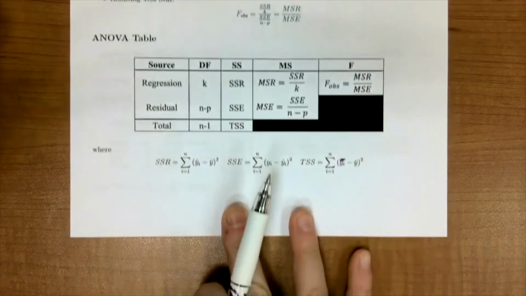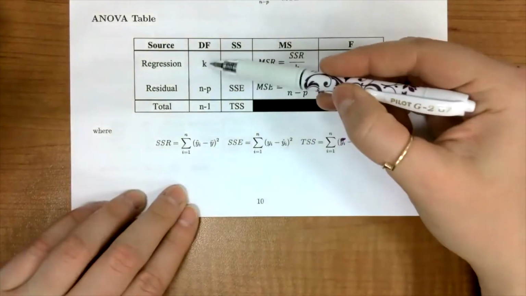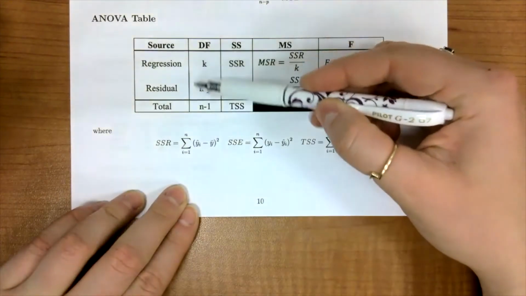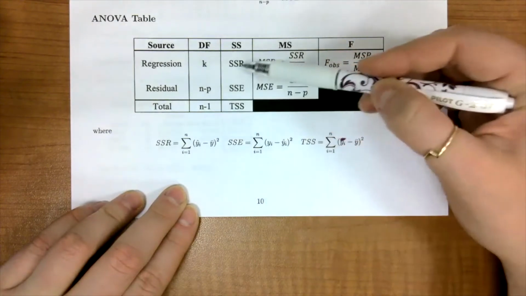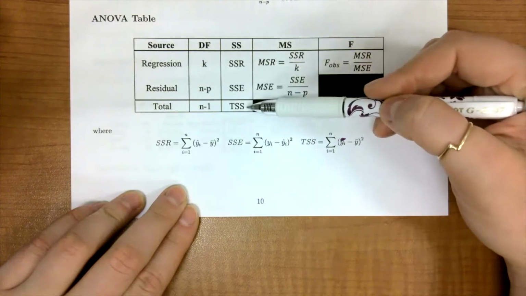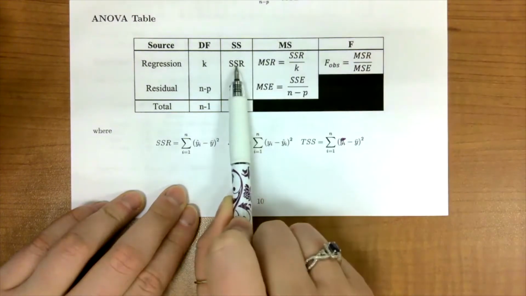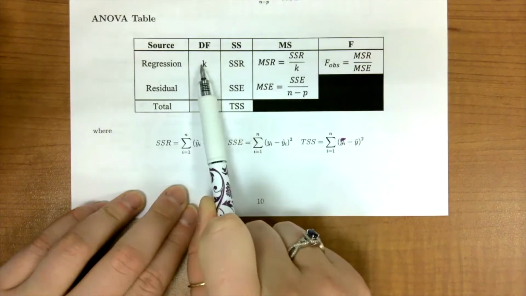What that looks like in an ANOVA table is here, where we still have the same properties: the degrees of freedom k and n minus p add to get n minus 1. We can add our sums of squares regression and our sums of squares error to get our total sums of squares. And then our mean squares are our respective sums of squares divided by our degrees of freedom.